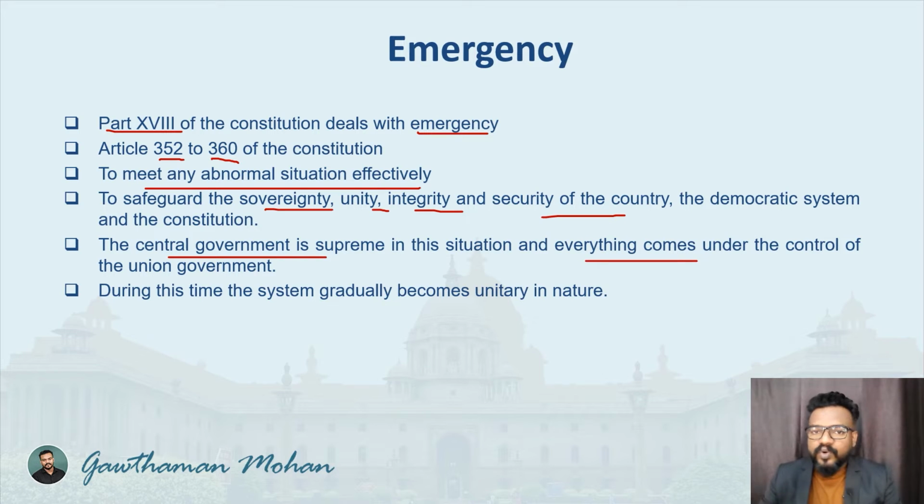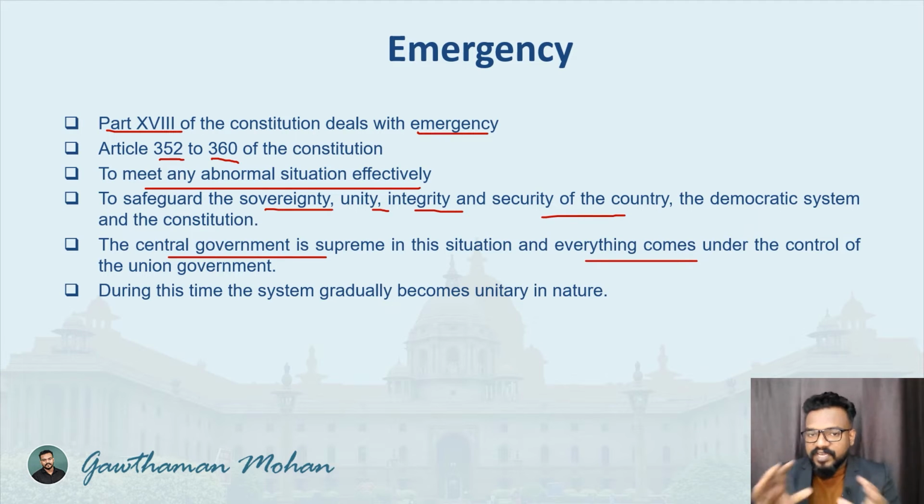As we all know, we have a federal form of government. If you look at the governmental structure in India, you can see that it is a federal form in which we have a union government and we also have state governments. But during an emergency, all powers come under the control of the union government. So it gets the character of a unitary form of government.